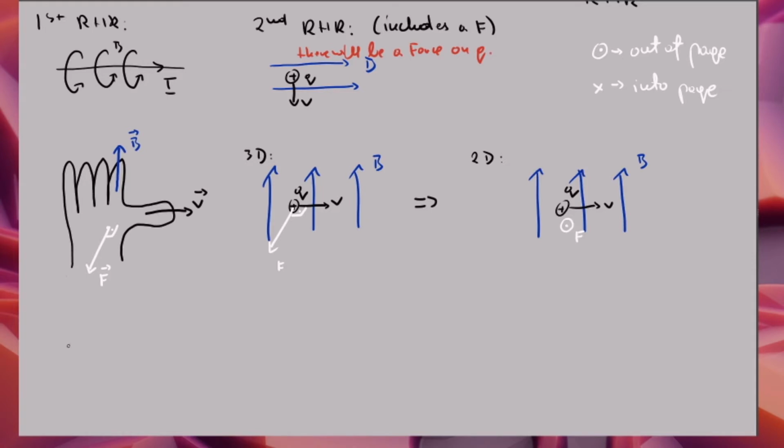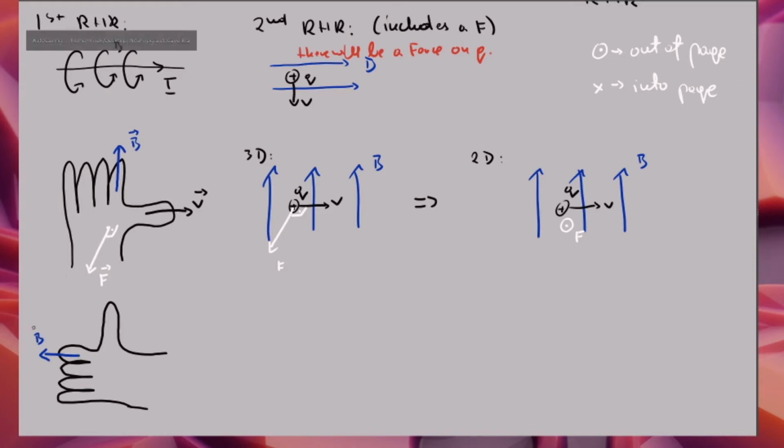Let's redraw this hand now a little differently. So let's say that you have a hand that looks like this. Here are the fingers. Here's the thumb. You align your hand such that the fingers of your hand are pointing in the direction of the magnetic field.